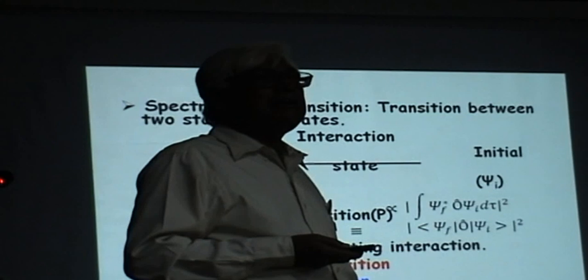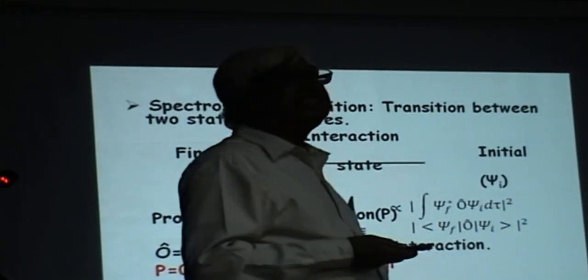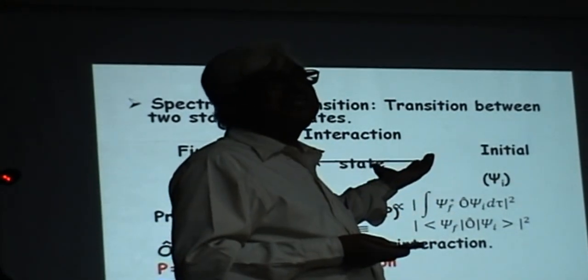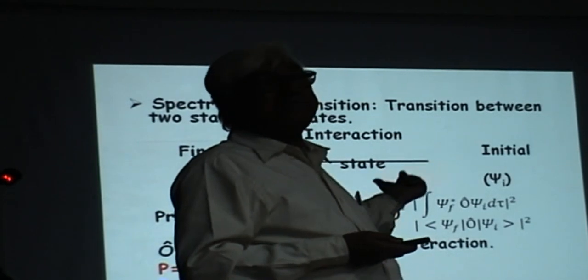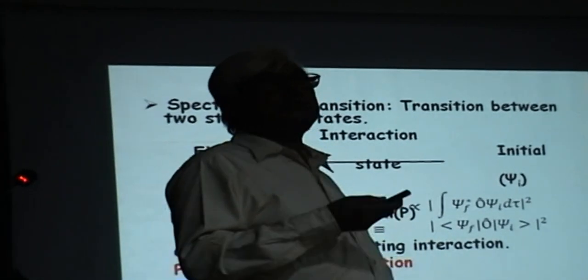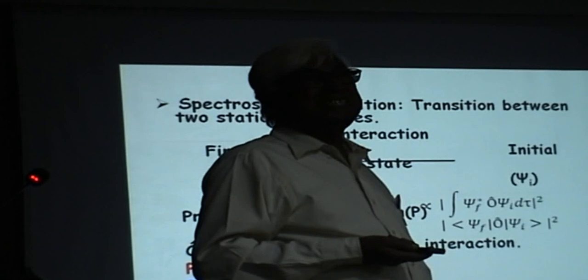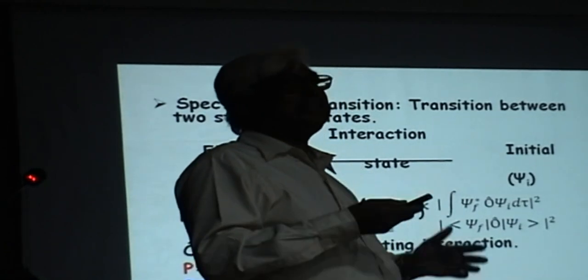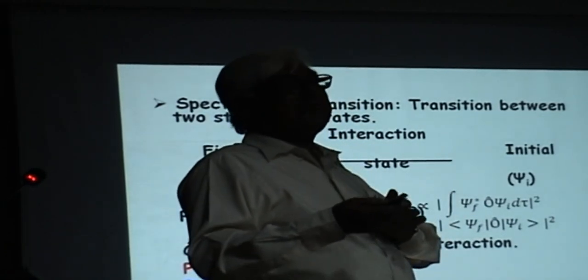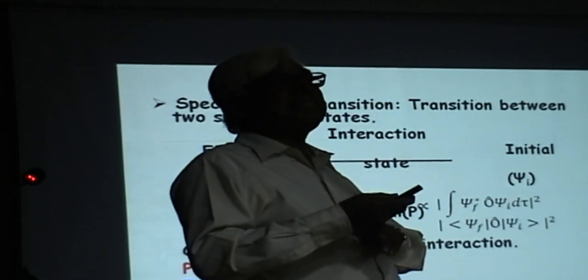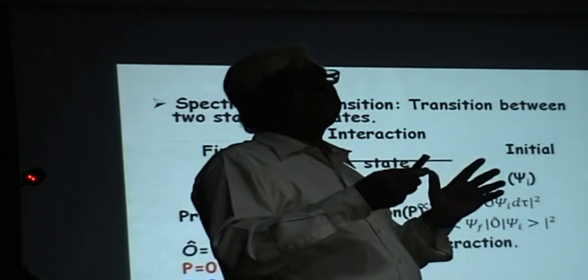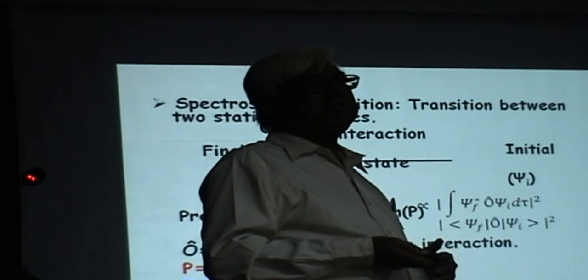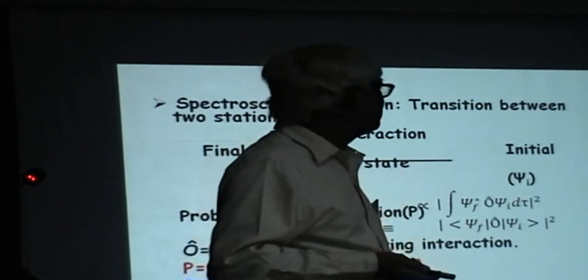If the wave function is complex, then the value after the integration may be complex, but the probability cannot be complex. Probability is always a positive definite quantity. So if a quantity is a plus ib, one can get root over a square plus b square, the modulus of a plus ib, which is a positive definite quantity.